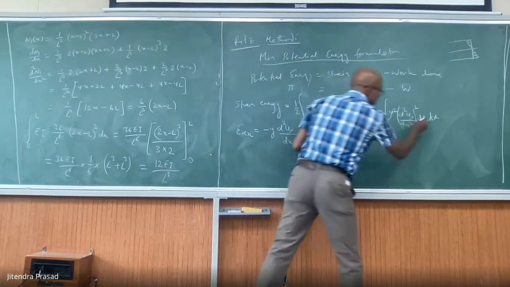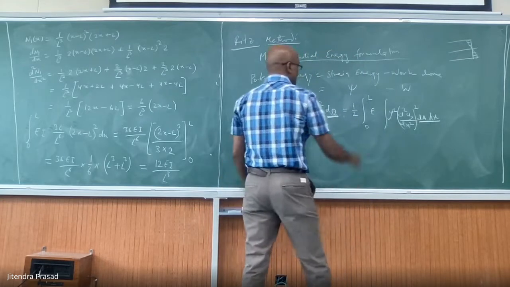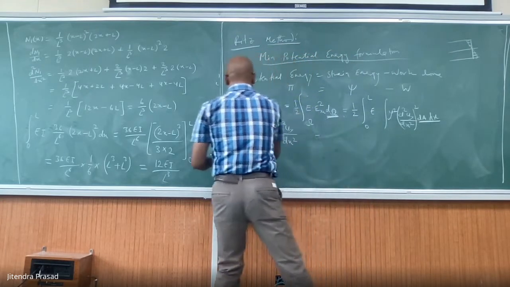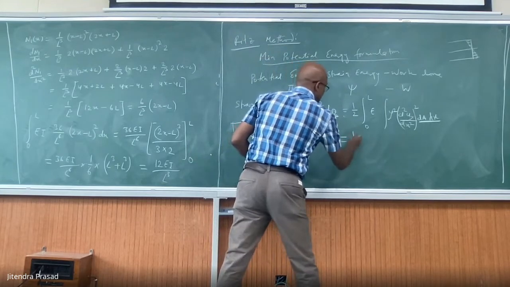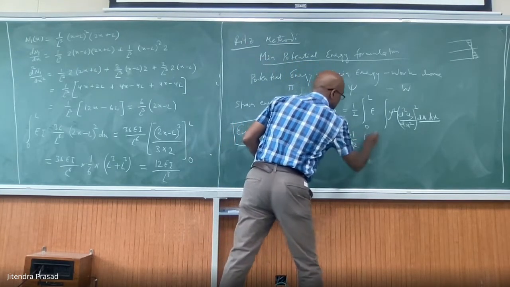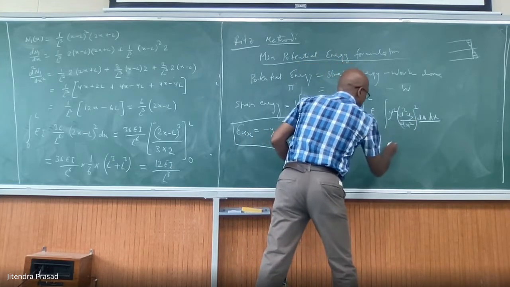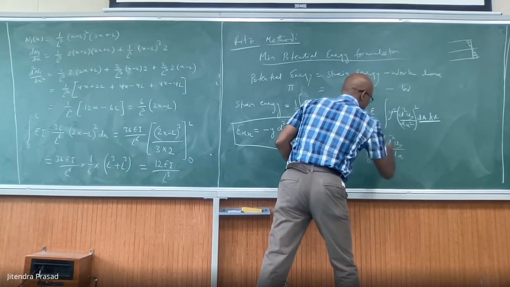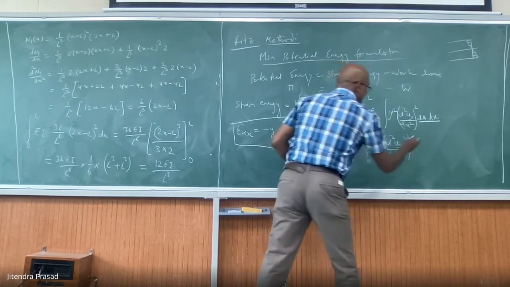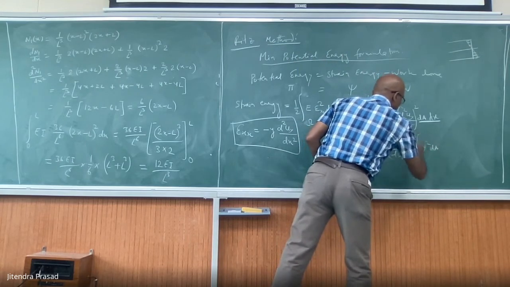Whole volume, so dA multiplied by dx. What you get out of it is equal to half, integral 0 to L, E. Take this out, so you get d squared y over dx squared, the square of it, and then you have y squared dA.